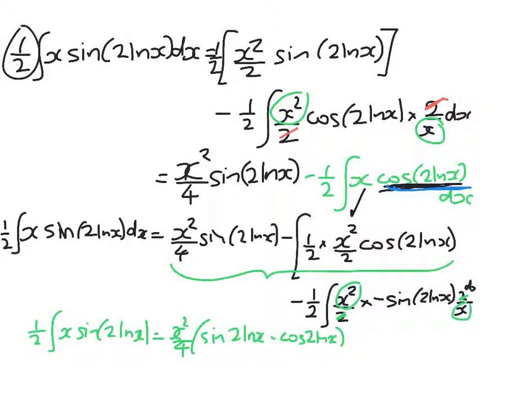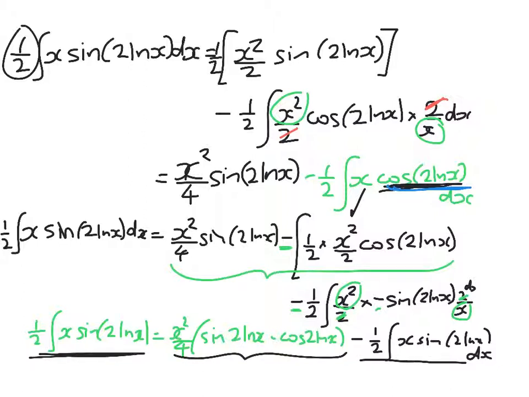So this has got minus a negative times a negative, so that's giving me minus 1/2 x sine 2 ln x dx. Right, so what we've got is this is equal to this nice thing here minus this.